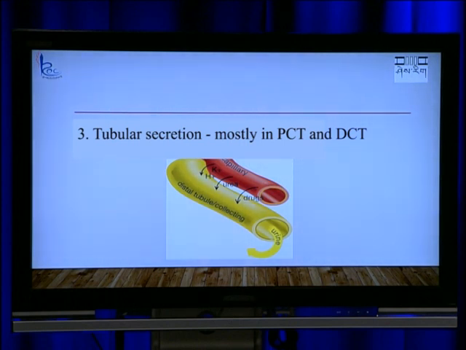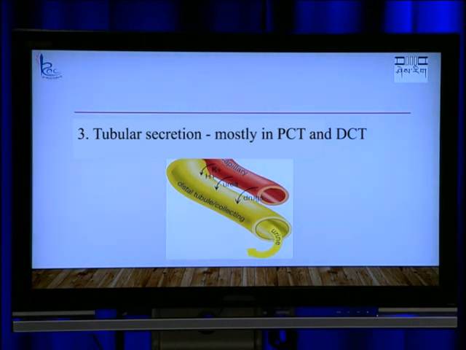There are certain toxic substances, which are harmful to our body, but they are not being filtered in the glomerulus. So, this is still in the blood. That has to be removed from our body. So, that is why tubular secretion will take place, so that these unwanted substances will be given back to the urine. Okay? So, in a way, the reabsorption and the secretion consolidate the process of filtration.